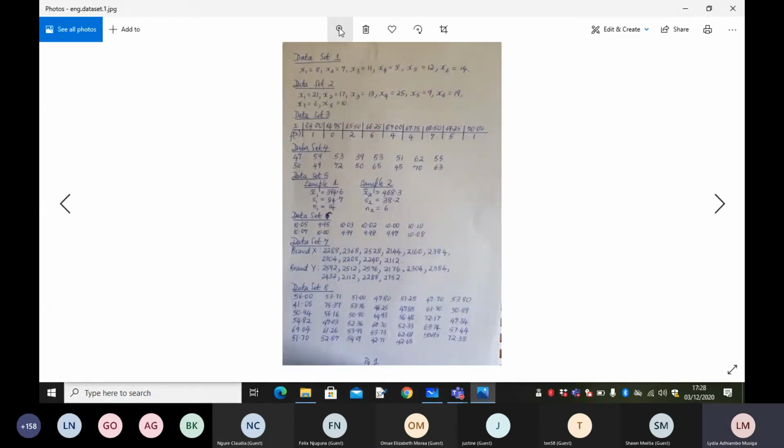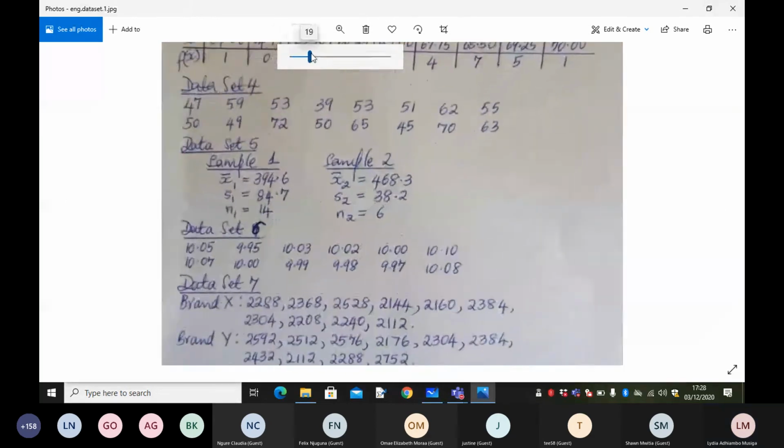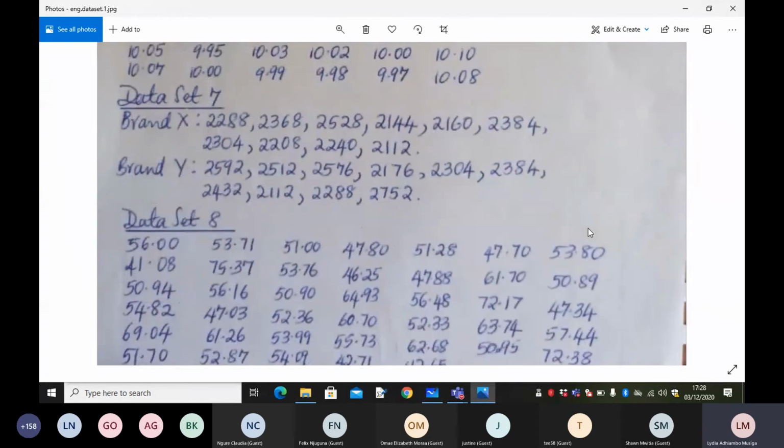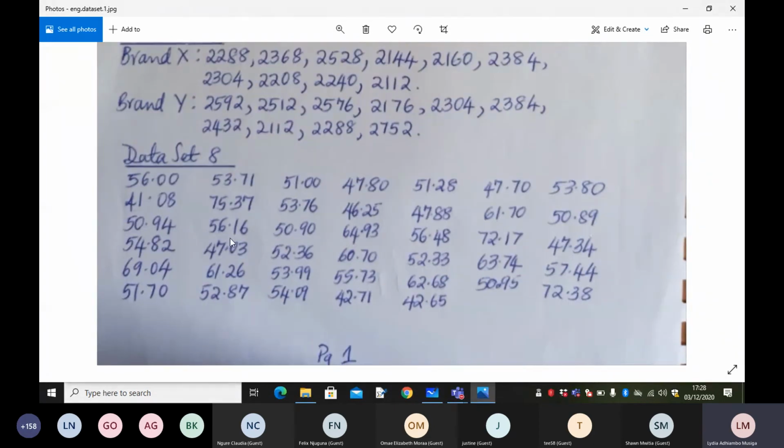So I'm also displaying my dataset. Dataset 8. I can see 56.00, 53.71, and the last one is 42.65. Those are this year's retail prices for 40 randomly selected books.